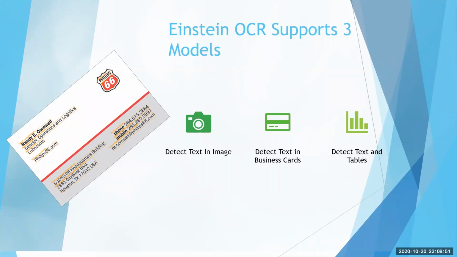What it does is give tags for each and every word. For example, here Randy E. Cornwell is tagged as person, and Philip66.com is tagged as website. And here the phone and mobile numbers are again tagged. When these tags are obtained in the response, we can map them with our field names and create records using these business cards.